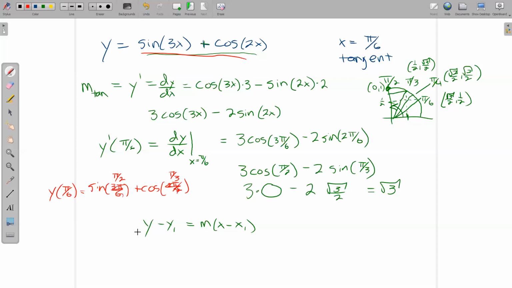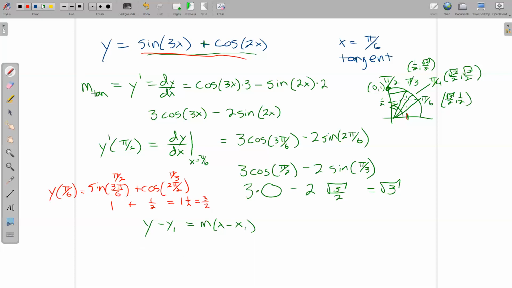Sine at pi over 2, that's the y value, that's 1. And then the cosine at pi over 3 is the x value, that's 1/2. So it looks like this is 1.5, or 3/2, however you want to write it. I think I'll stick with fractions here.